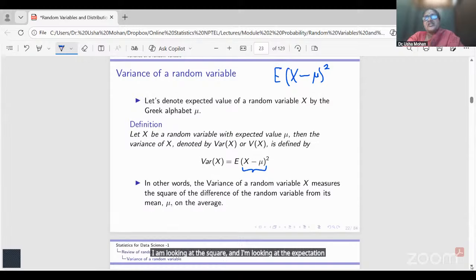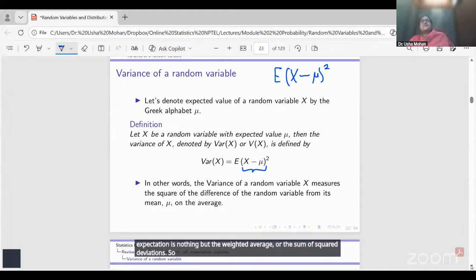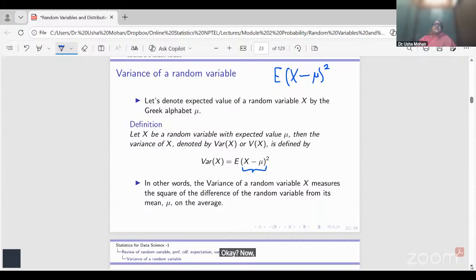Again, expectation is nothing but the weighted average, or the sum of square deviations. So you can see that the variance of a random variable is nothing but expectation of x minus mu whole square.